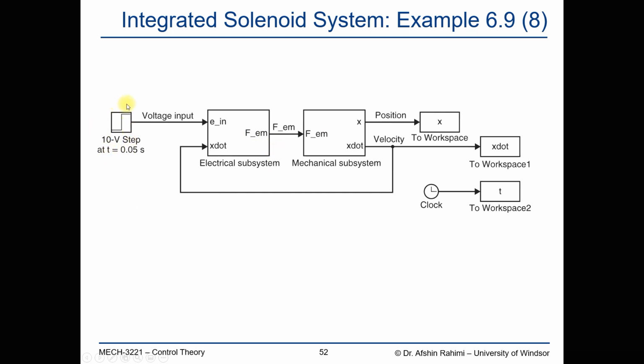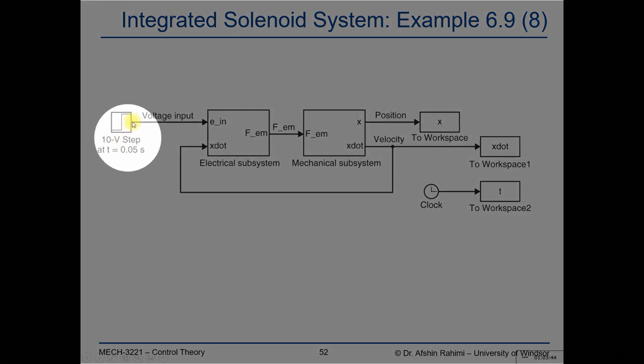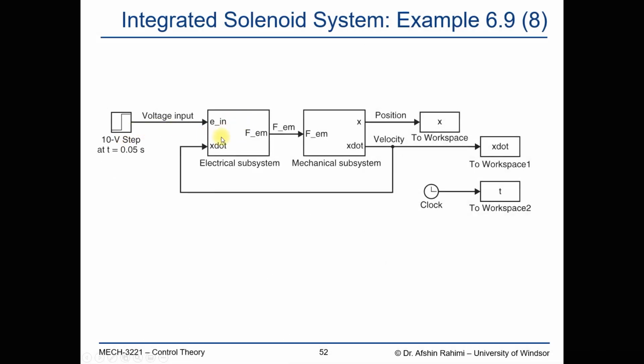So if we were to put these together as two subsystems interacting with one another, we would have an input to the full system, that is our voltage. The voltage goes to the electrical subsystem as an input. It works and gives us the F em. The F em goes to the mechanical part. The mechanical part gives us x and x dot, position and velocity.